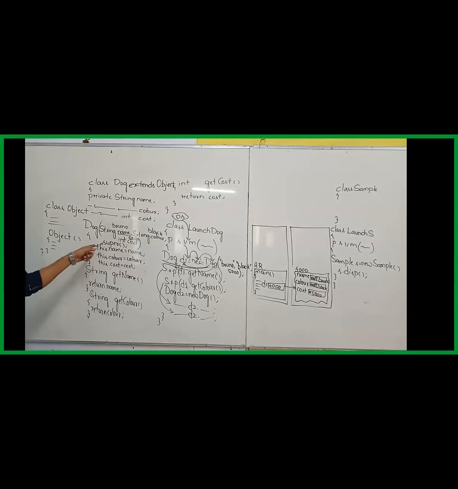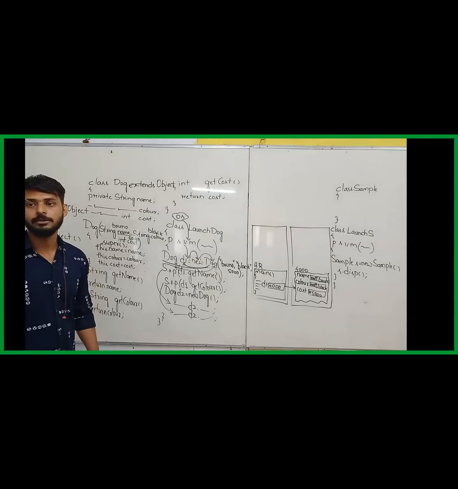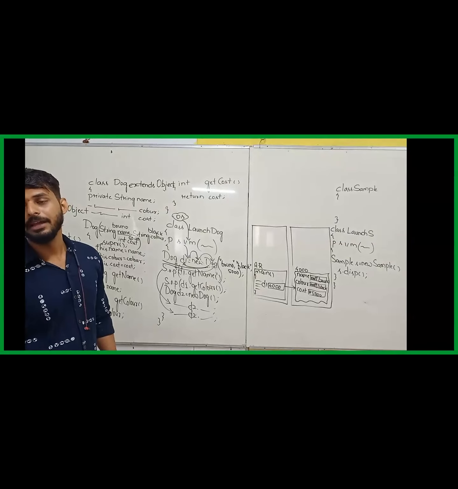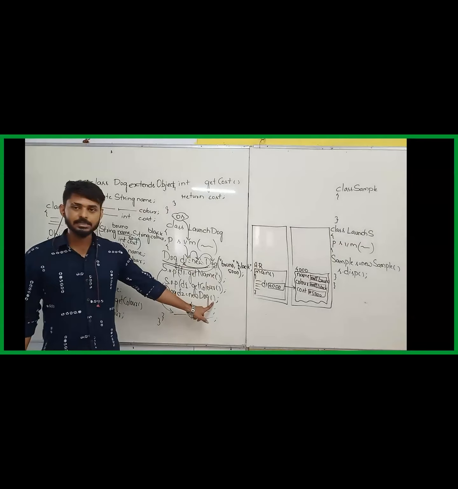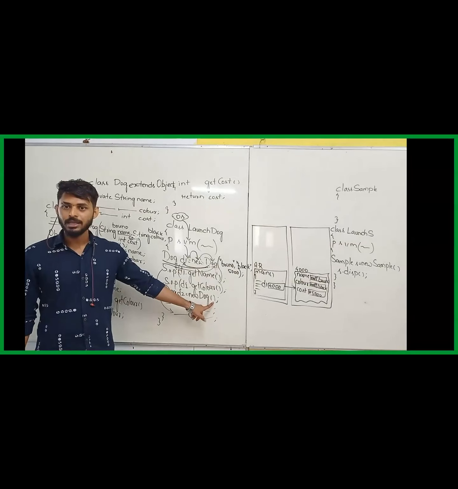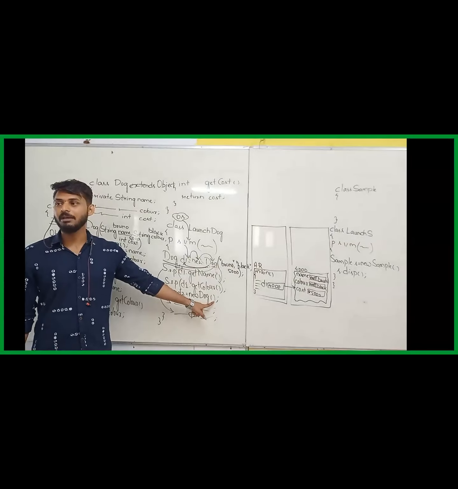Already we have included one constructor with three parameters. So default will not be included. If default is not there, directly it should be an error. Clear with that? It will give you an error saying that you should pass some parameters here. If I pass three parameters, what will happen?